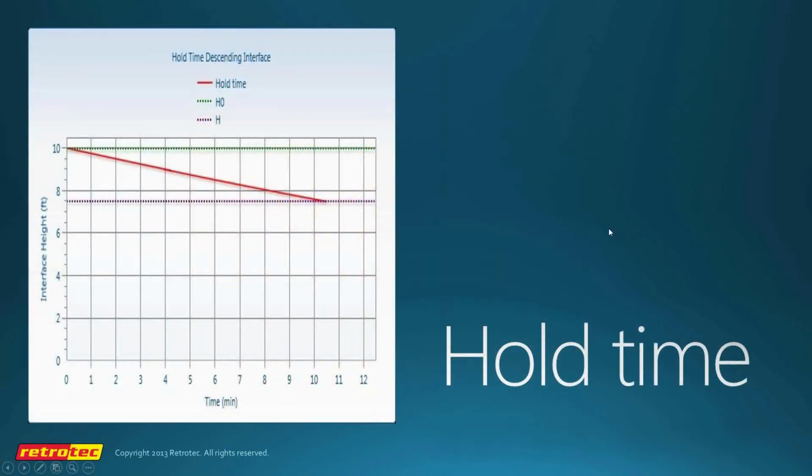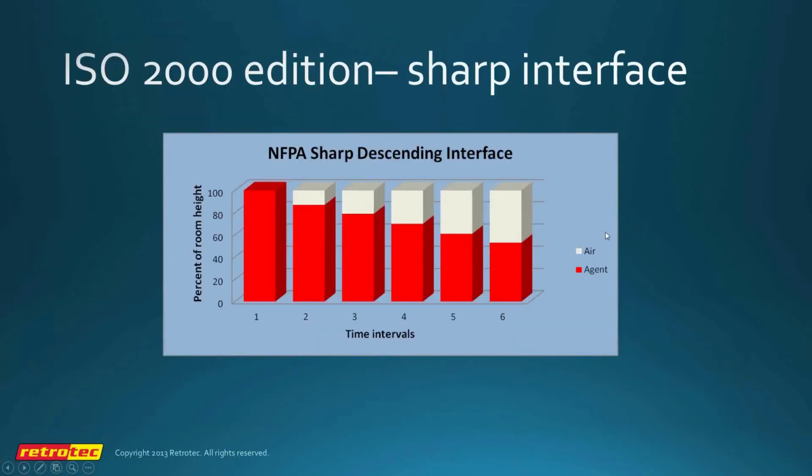This is the hold time presentation from our software. So we're just going to jump over here to the ISO 2000 edition had what we call a sharp interface, which said that there was, as agent ran out of the enclosure, there was air above and agent below, and there was essentially no thickness in the descending interface.